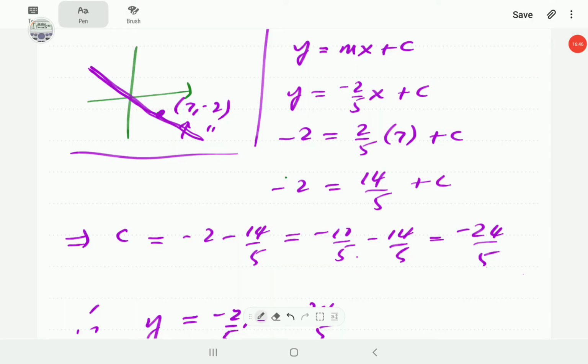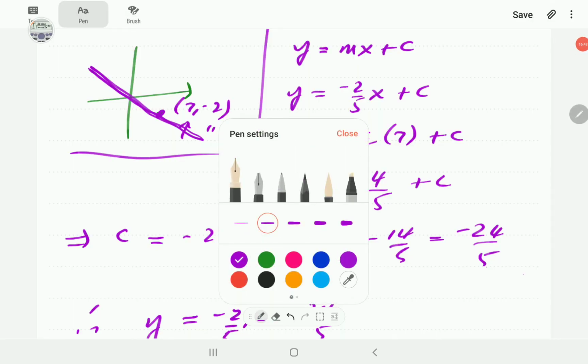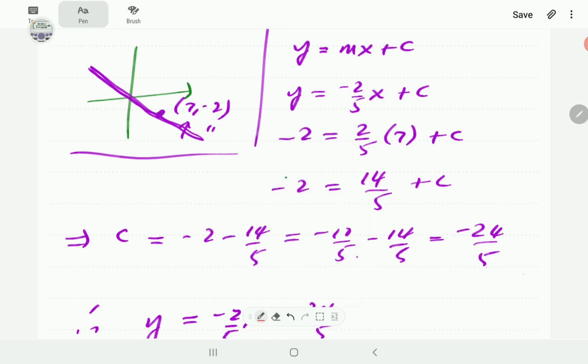All right, we have managed to locate the error. So in our earlier calculation, from this step to this step, we missed out that negative there. So if you plug in that negative, then c becomes negative 2 plus 14 over 5. So this becomes plus, and this is going to become 4 over 5.